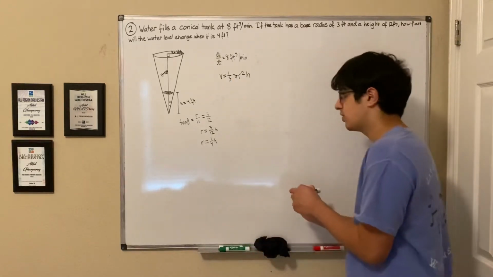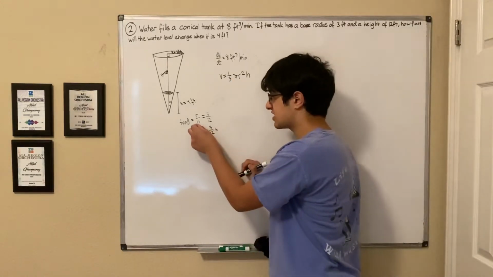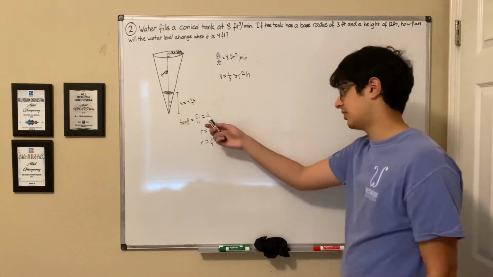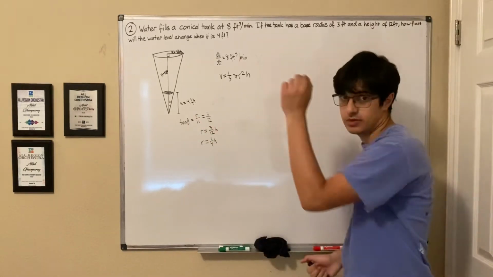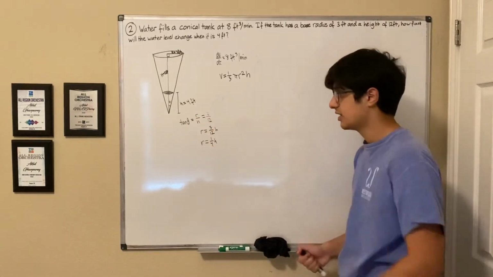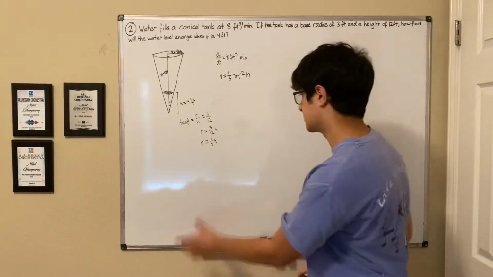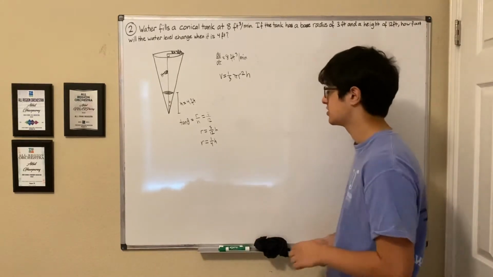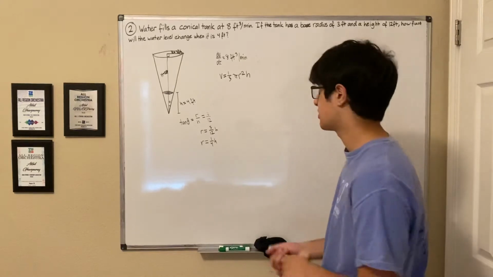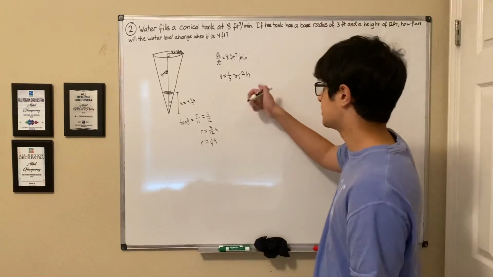Now notice, I didn't plug in 4 here, because then we wouldn't be able to get a relationship between r and h. So I just left h as is, because we want to find r in terms of h. Let's use this expression and put it into the volume formula.